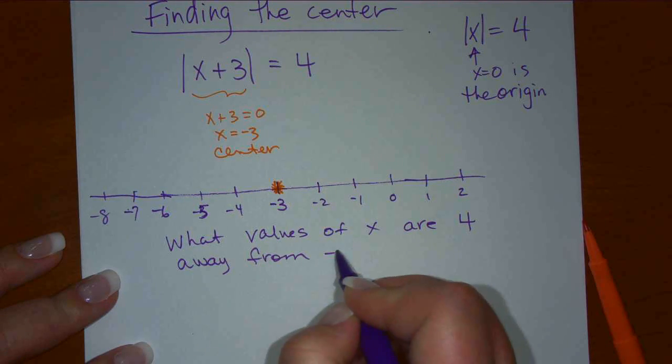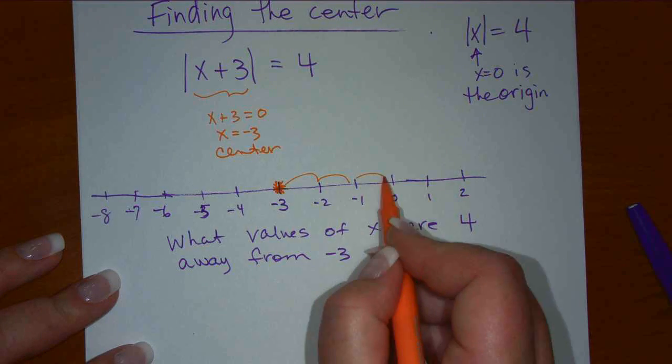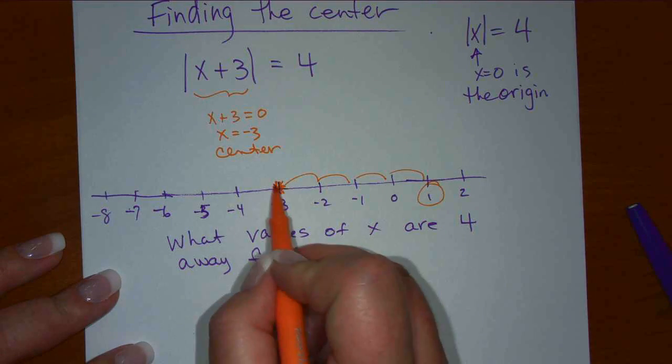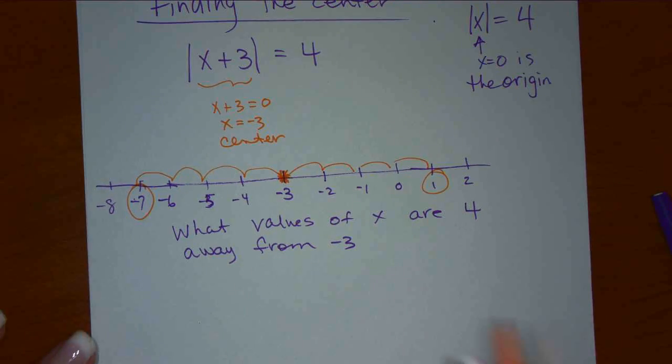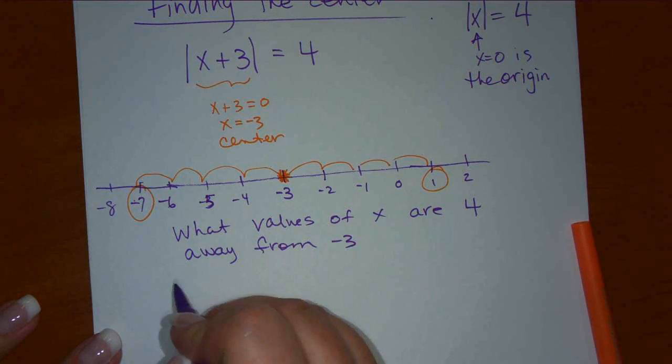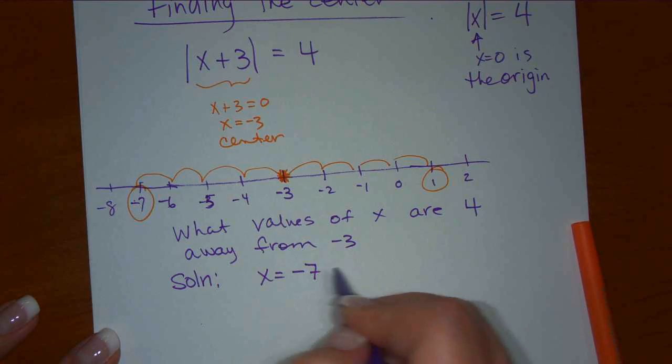So what are the two answers? 1, 2, 3, 4. 1, 2, 3, 4. So we'd say the solution is that x is negative 7 or x is positive 1.